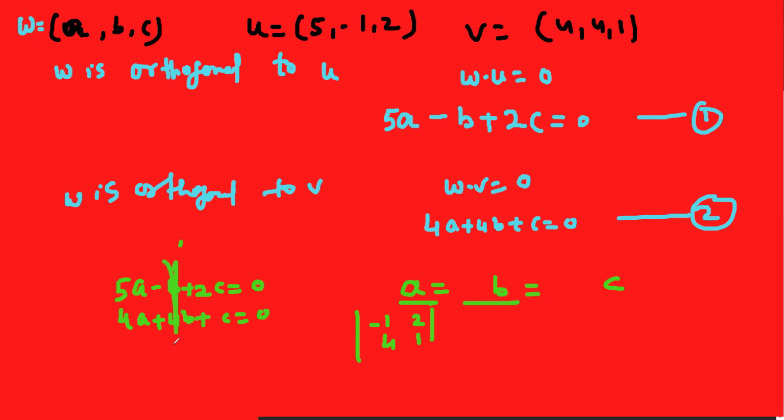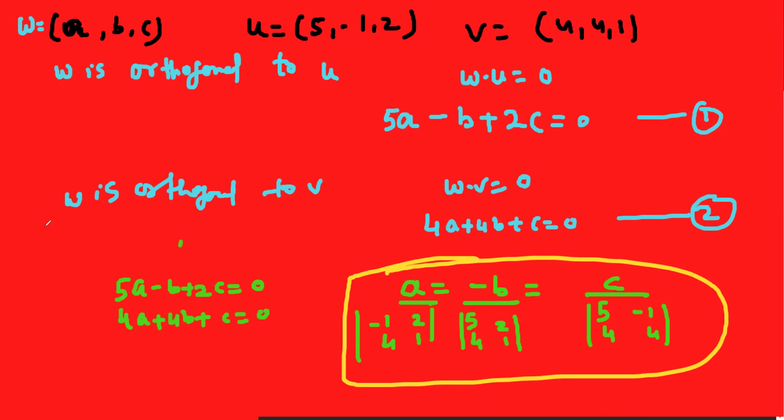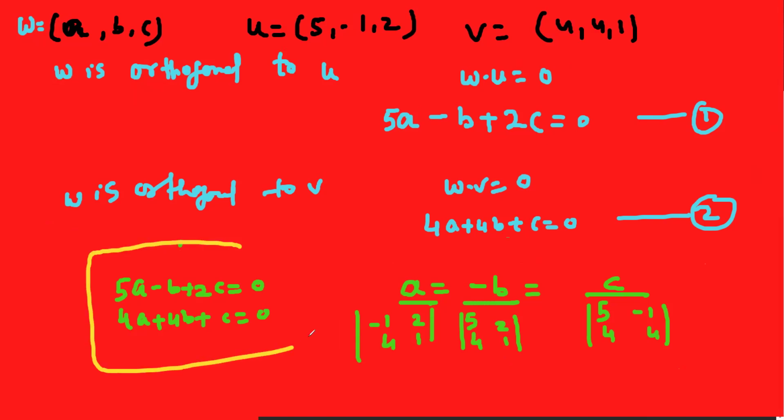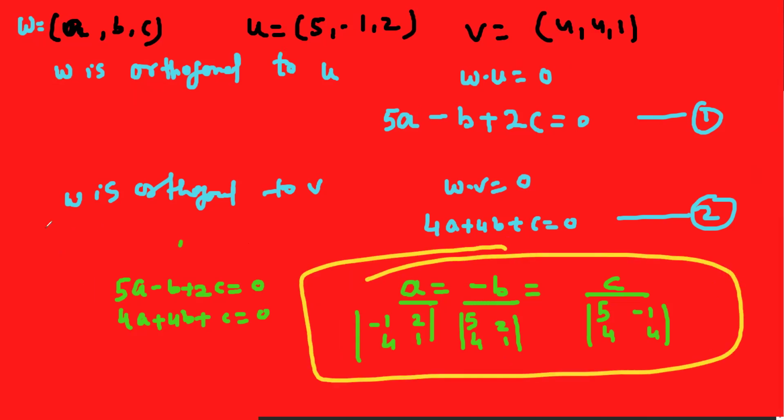For the value of B, hide the value of B: 5, 4, 2, 1. For the value of C, hide the value of C: 5, 4, minus 1, 4. The first term is positive, the second is negative, the third is positive. This is called Cramer's rule. Whenever you have two equations with three unknowns, you can solve using Cramer's rule.